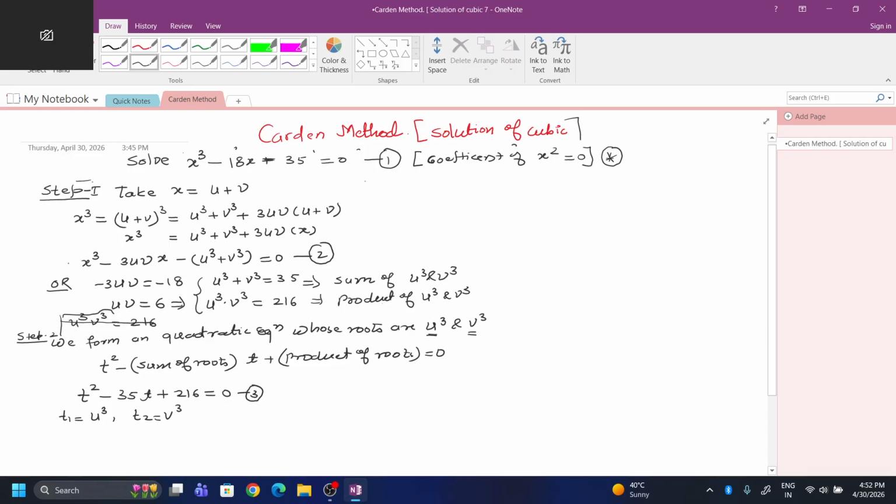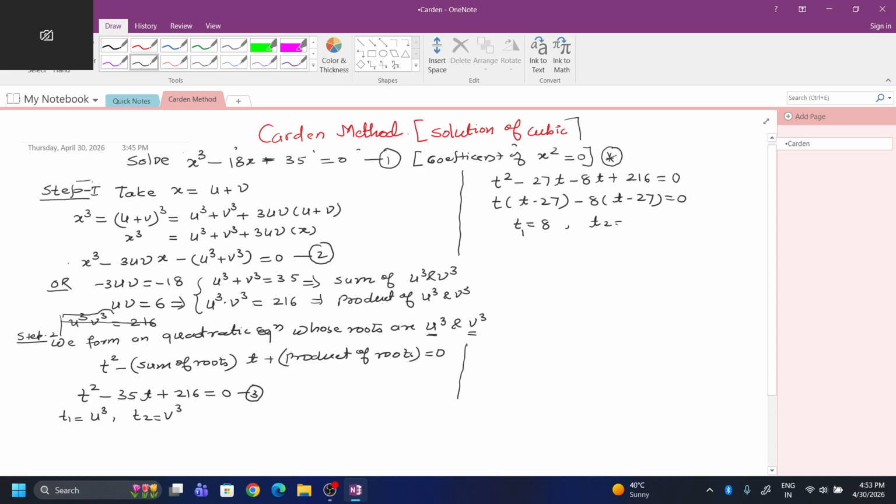Now we simplify this part. This is t square minus 27t minus 8t plus 216 is equal to 0. You can take t common, t minus 27, minus 8 common, t minus 27, is equal to 0. So we get t is equal to 8, which is your t1, and t2 is equal to 27.